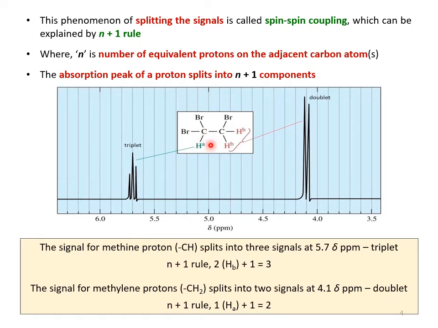So this is the beauty of NMR spectroscopy, from which we can also identify the number of hydrogens present on the adjacent carbon atom, which is known by spin-spin coupling or spin-spin splitting, which is governed by the n+1 rule, where n is the number of protons present on the adjacent carbon atoms.